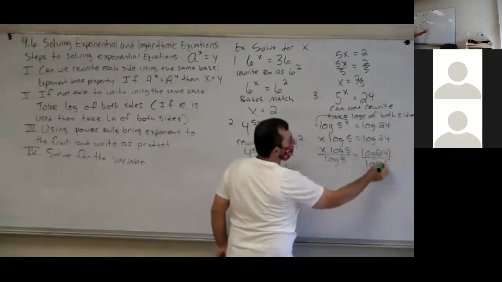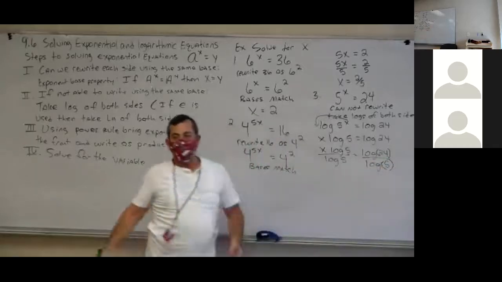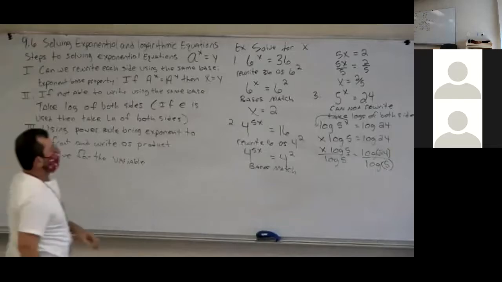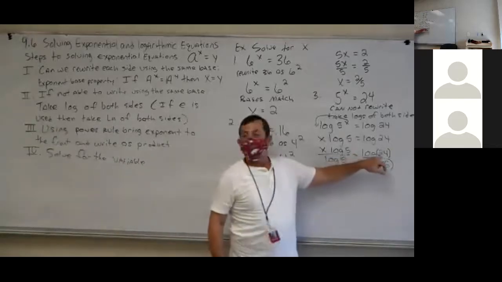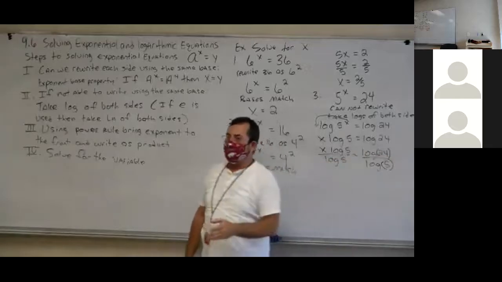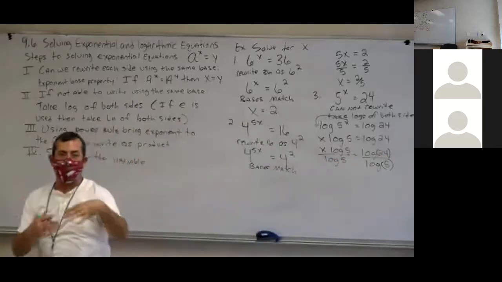You got to close that parenthesis on the 24 before you hit the division, and then put that log on the bottom in parentheses also, okay? Once you hit this log, it's going to give you one parenthesis, put in the 24, then close them. If you don't close them, it's going to give you some kind of wild answer in there, okay?